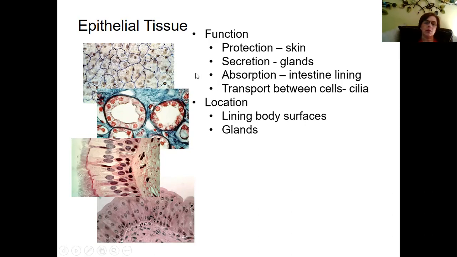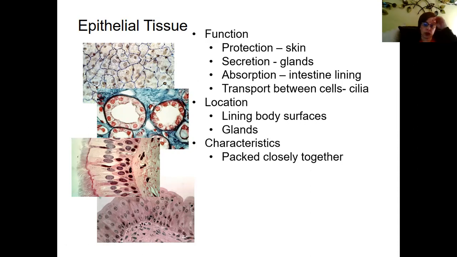Okay, well, I'll let you again catch up. So we're going to talk about the characteristics. All the epithelial tissues, even though these look very different, have characteristics in common.